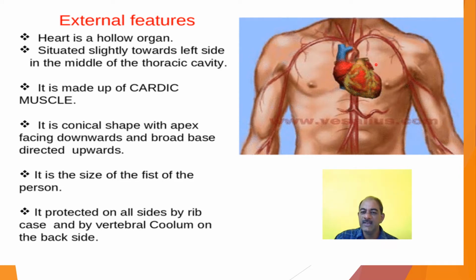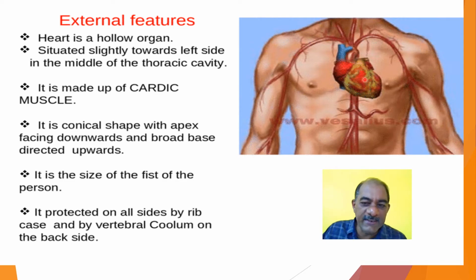It is mesodermal in its origin, and the shape is a hollow organ situated slightly towards the left side in between right and left lungs. Weight is 250 gram to 300 gram. Color is reddish brown.